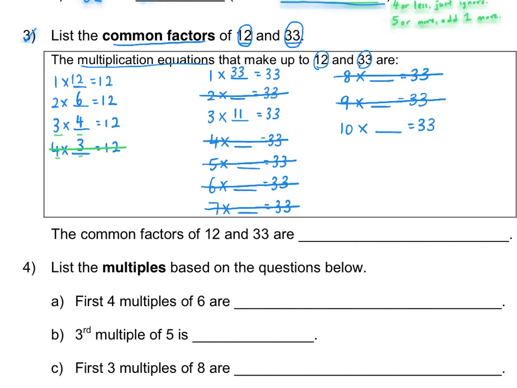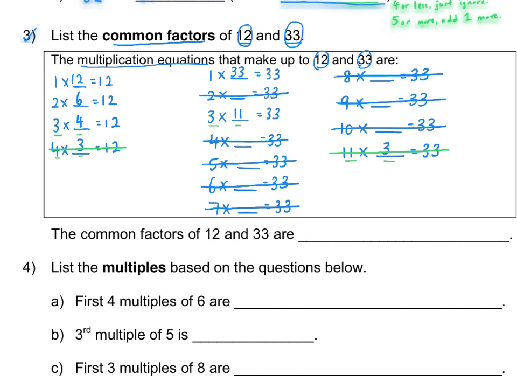From 30 to 40, is there a 33? There isn't. Cancel. Moving on. 11 times what gives 33? 11, 22, 33. 11 times 3. So notice that 3 times 11 and 11 times 3 is a repeat. I can stop here and at the same time I can cancel.